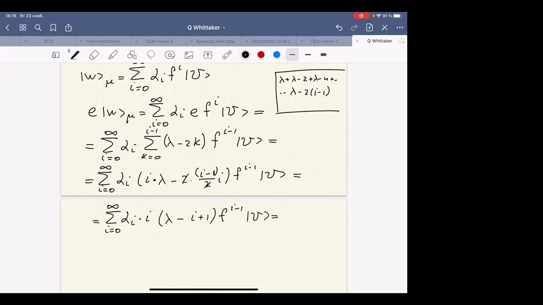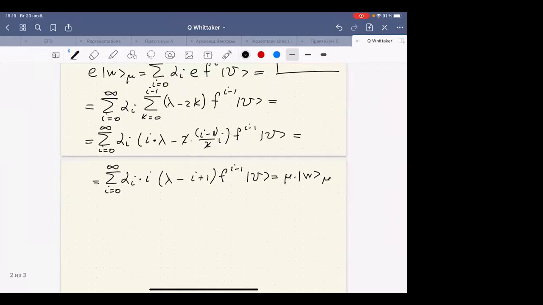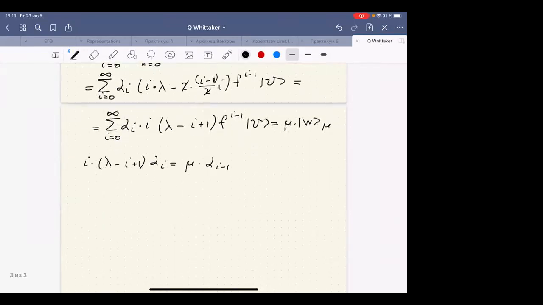And this should be equal to mu times the Whittaker vector. Great. So this means that I times lambda minus I plus 1 times alpha I is equal to mu alpha I minus 1. So we have a simple recurrent formula.